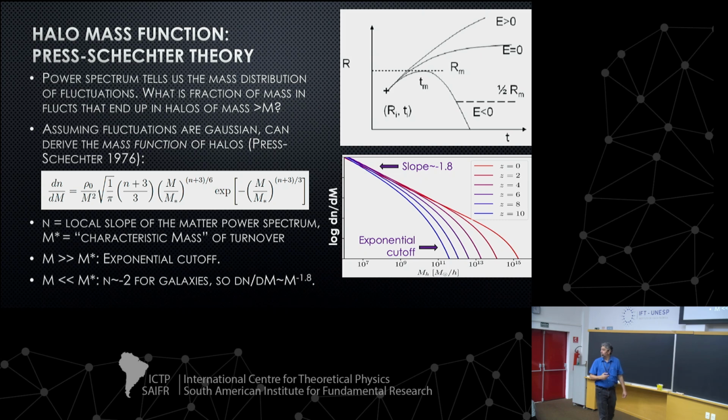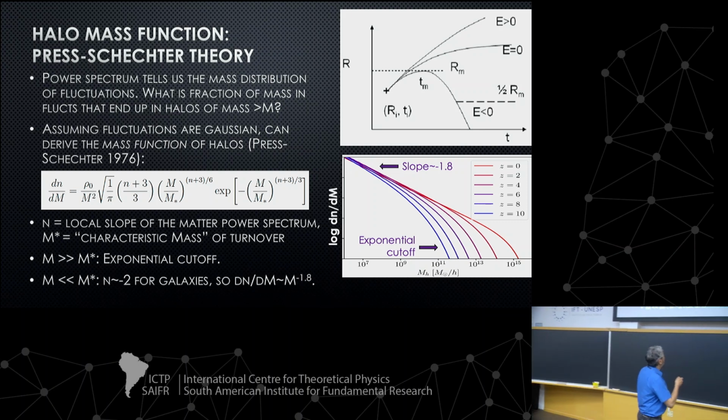That's the question you can ask. And then with the assumption that the fluctuations are Gaussian, you can actually derive a mass function of halos, so the number density of halos per mass bin.